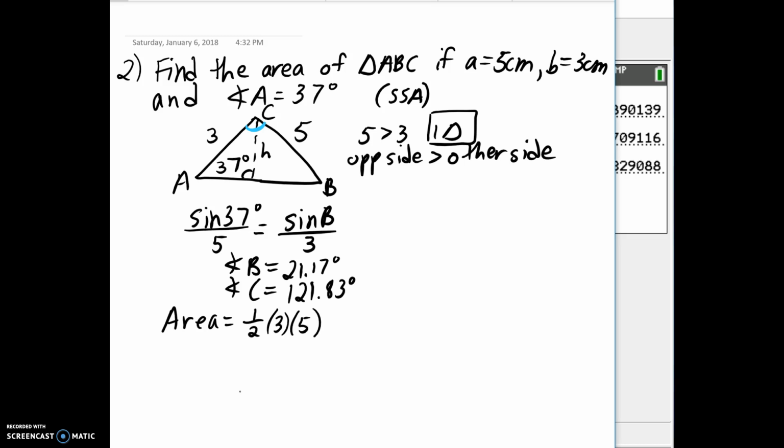Again, for the area, we're going to do 1/2 the 2 sides that you have with the included angle. So this is the included angle between those 2 sides, which is what you needed. And make sure you use the exact answer.